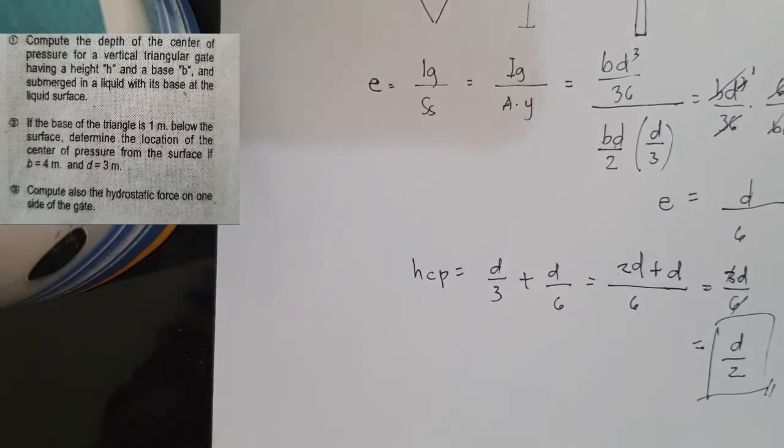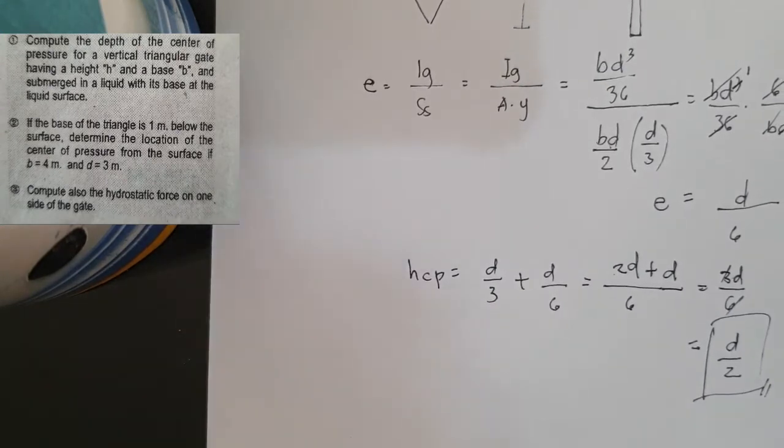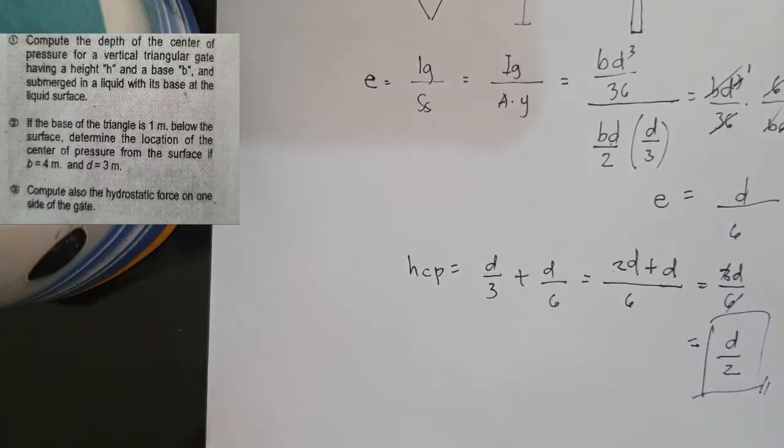Okay. For number 2, locate the center of pressure if the base of the triangle is 1 meter below the surface. Then we have base equal to 4 meters and depth or height of the triangular gate 3 meters.